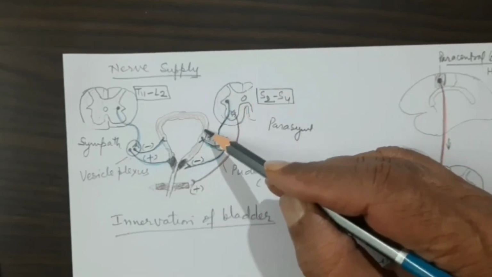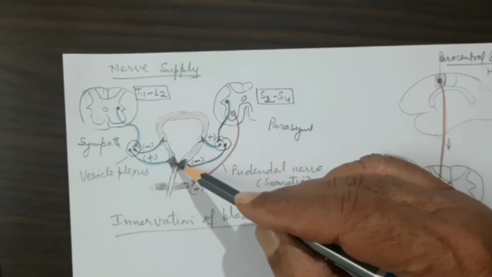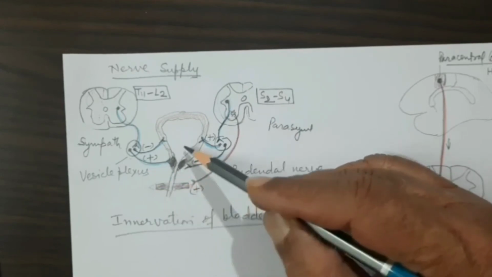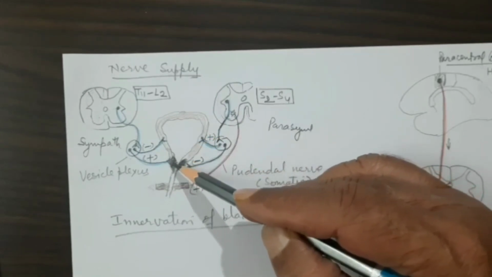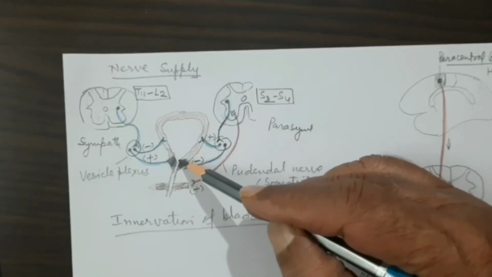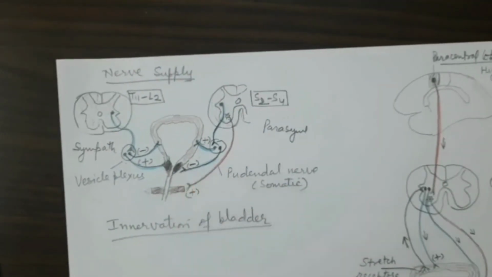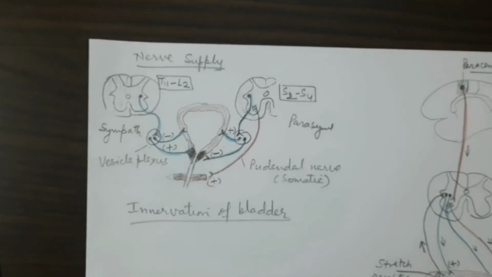Here it leads to contraction of the bladder, but there it leads to relaxation of the smooth muscle, so that the sphincter opens up and the urine passes. So the pressure of the contraction and the relaxation of the internal sphincter ultimately lead to micturition. It means the parasympathetic fibers help in the process of micturition.